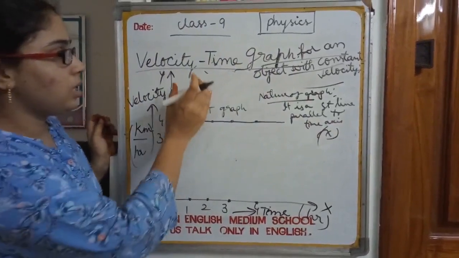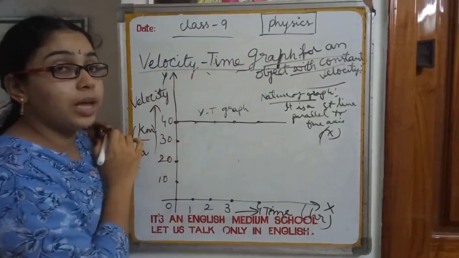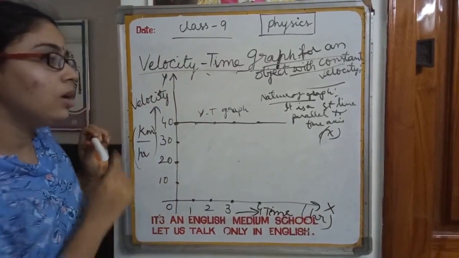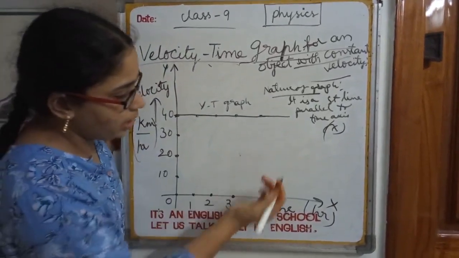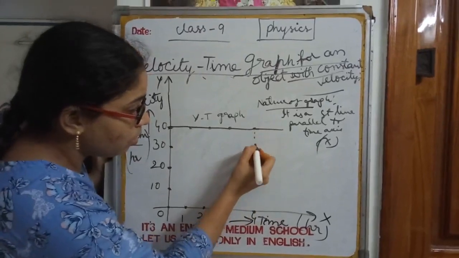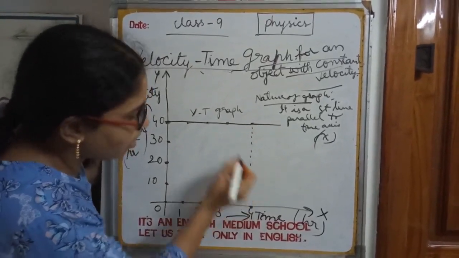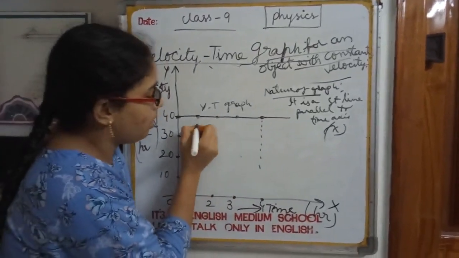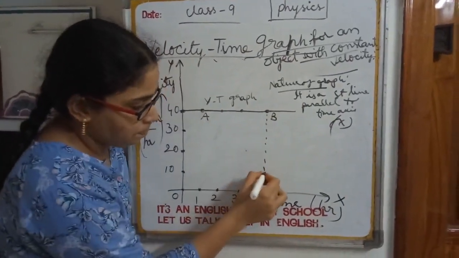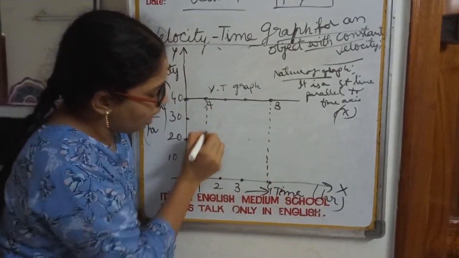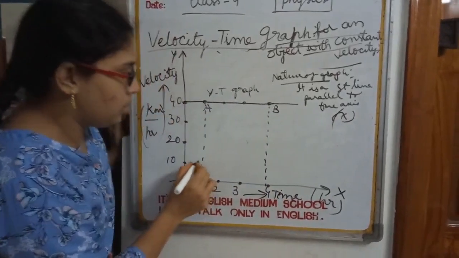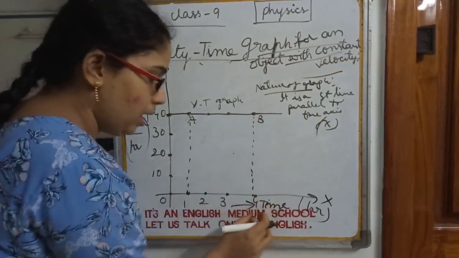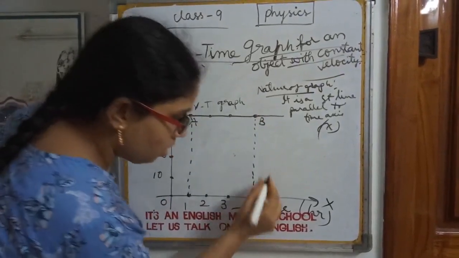I had already told you that the velocity time graph is used to determine the magnitude of displacement or distance of an object. So how can we determine it? I am going to tell you now. Here we consider a small portion of this graph and let it be AB.